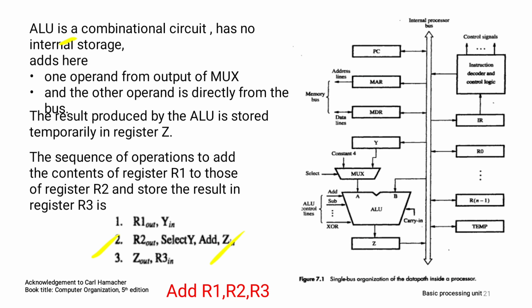For that we have taken an arithmetic example instruction, that is add R1, R2, R3. So the content of R1 and R2 are added and the result is kept in R3. For that, the needed control signals and the steps in which they are given are shown here as 1, 2, 3. Now we shall discuss this.